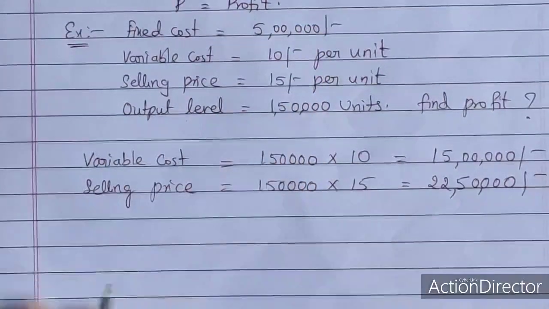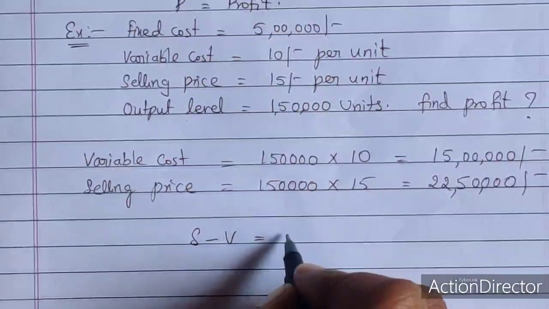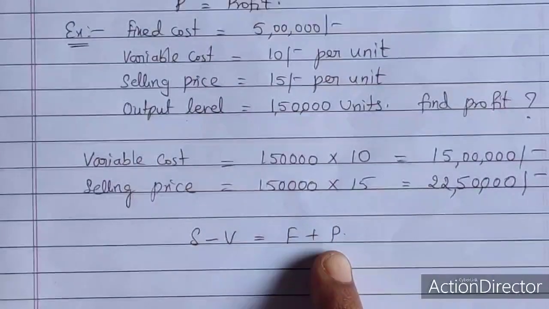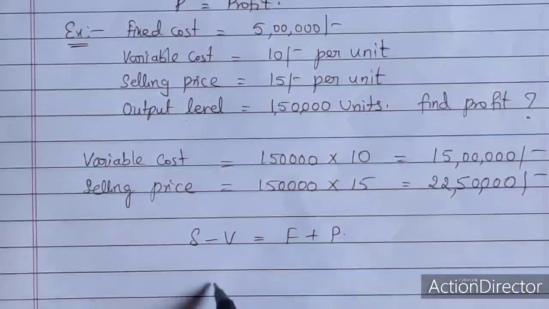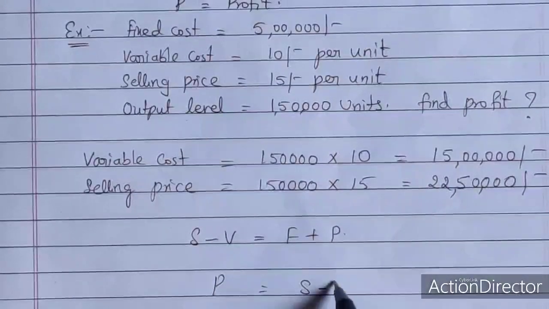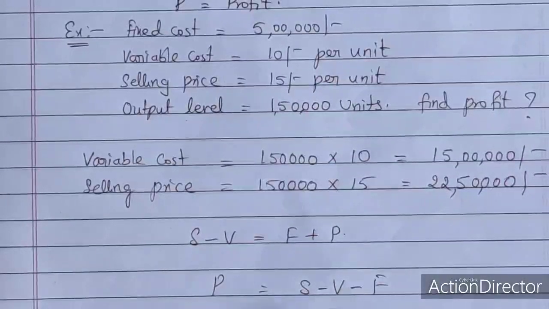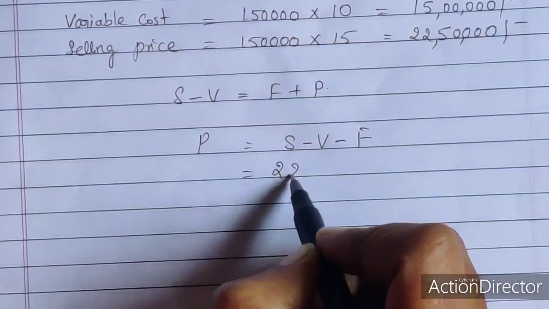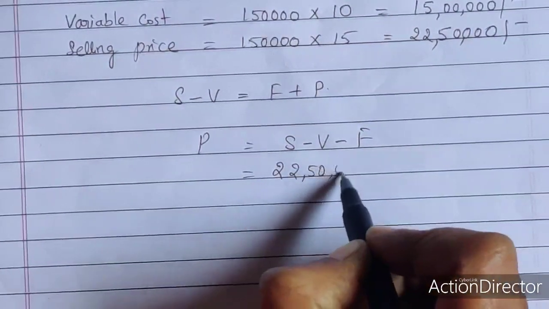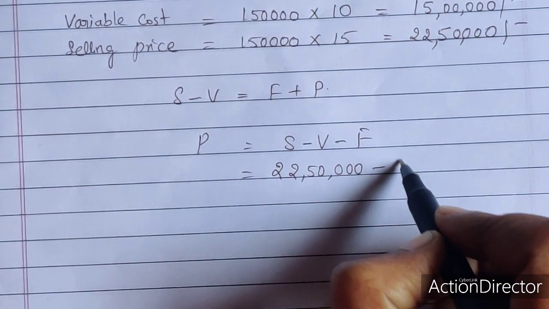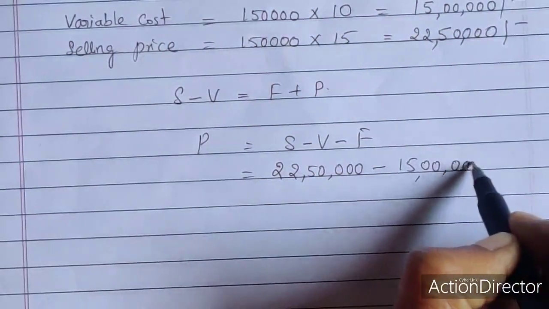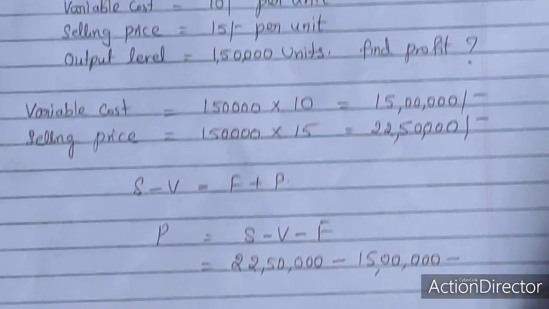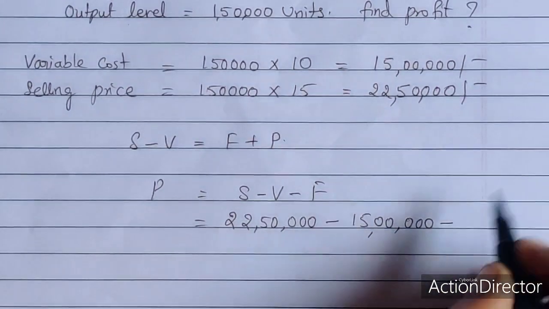So next we will use the equation S minus V is equal to F plus P. We need to find out P. So P is equal to S minus V minus F. Total sales is 22 lakhs 50,000 rupees, minus V which is 15 lakhs, minus fixed cost which is 5 lakh rupees.